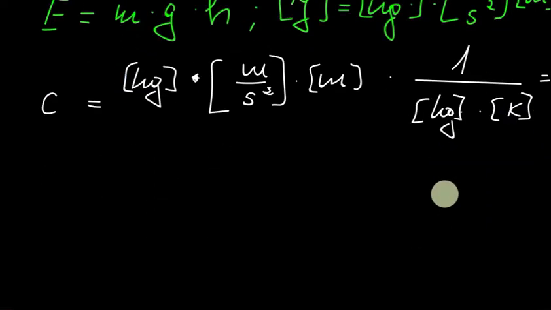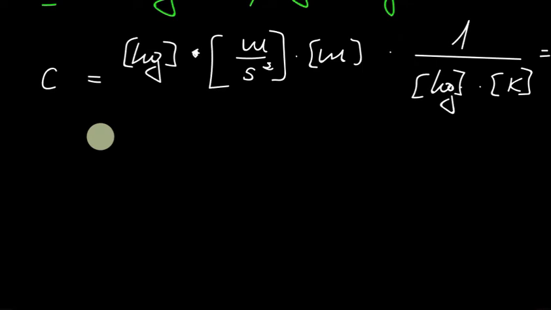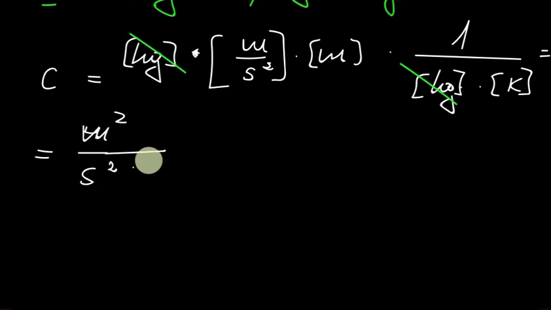Now, once we simplify all this, we get that this is equal to meters square over second square times Kelvin.